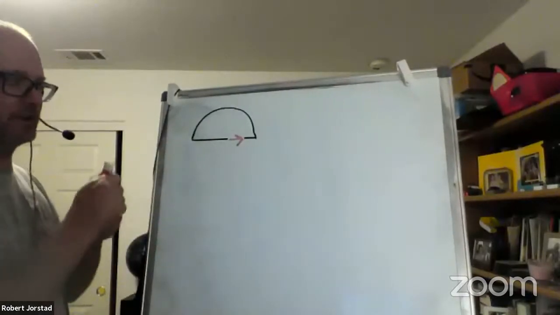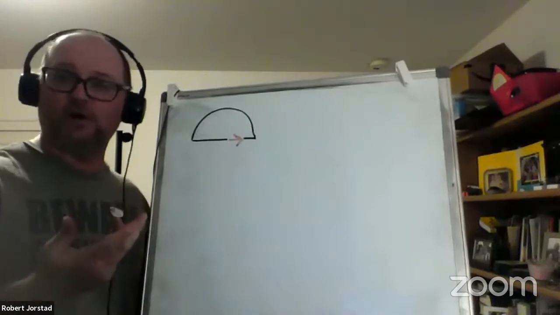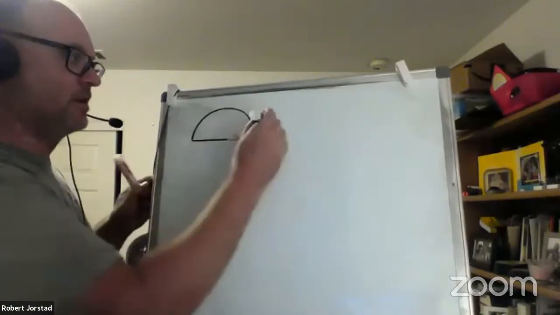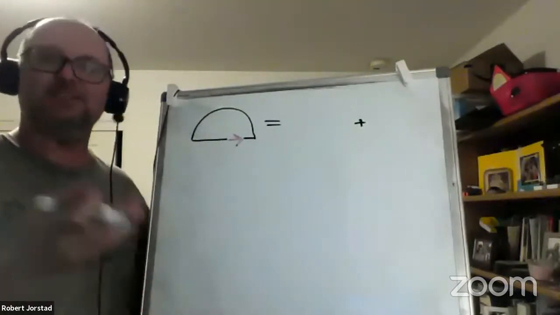So here is our loop, and I drew the current direction on there. The trick is, this is too hard to do all at once. So what are we going to do? We're immediately going to split it up into two single integrals.